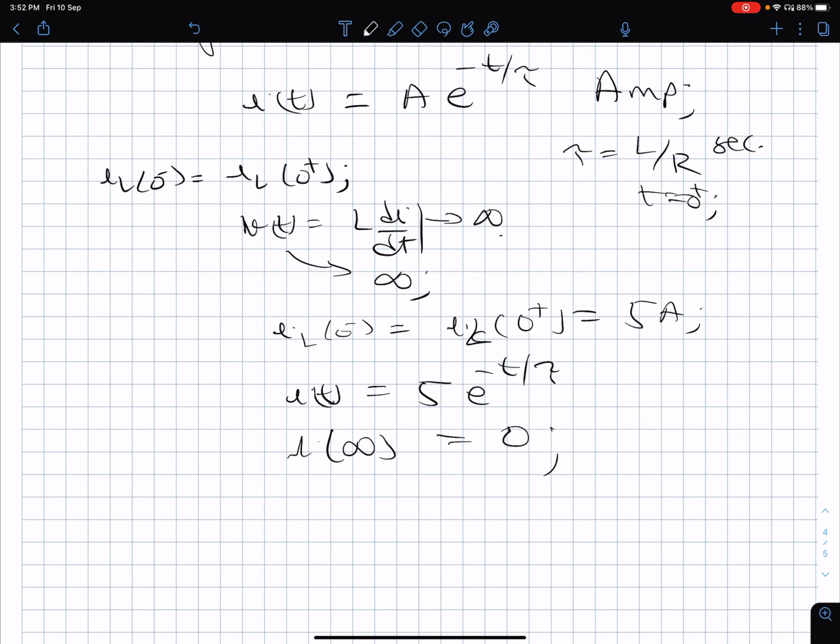So the point is that the natural response would be such that its effect after some 5 time constants or so will just vanish. So when we are doing the steady state analysis, we assume that the effect of natural response has gone away.